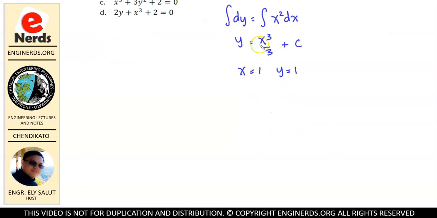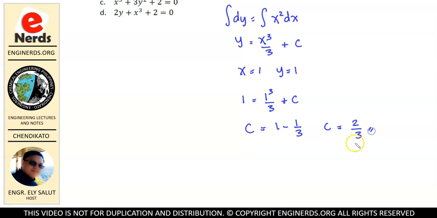Okay? So, we'll substitute that dito sa ating nakuwang equation. So, our y is equal to 1 is equal to x is equal to 1, so we have 1 cube over 3 plus c. Okay? So, therefore, we can solve for our c. So, our c is equal to 1 minus 1/3, which is c is equal to 3 minus 1 will be 2 over 3.